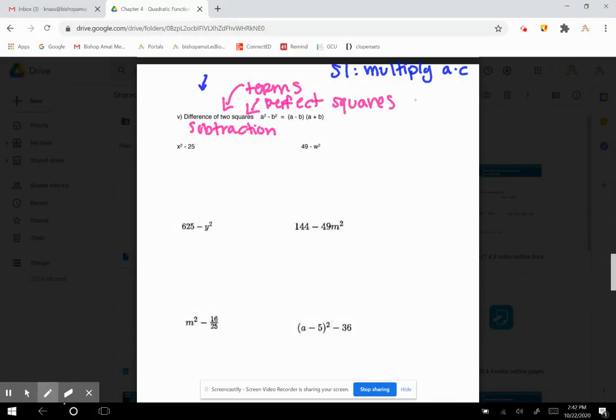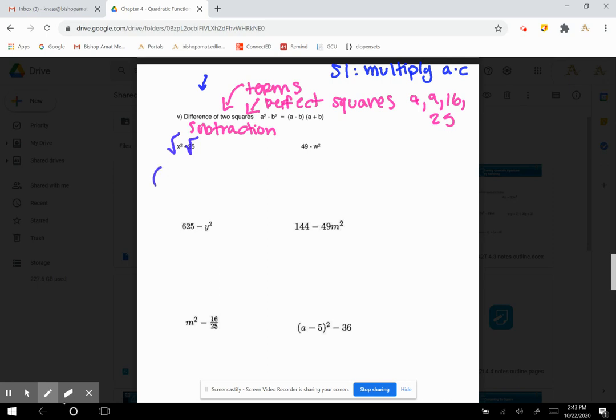Perfect squares as in 4, 9, 16, 25. You guys kind of get the hint. So when you see that there's only two terms and there's a subtraction sign and they're both perfect squares, the way you solve it is you square root the first and you square root the last, and that will get you what's inside your parentheses.